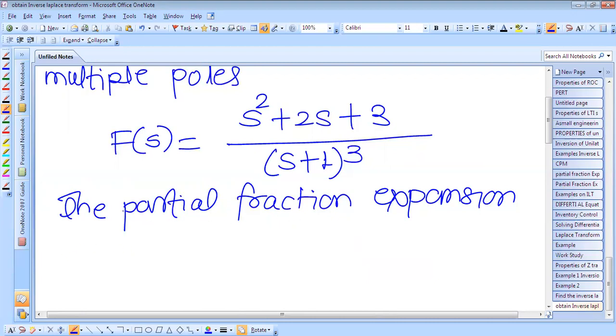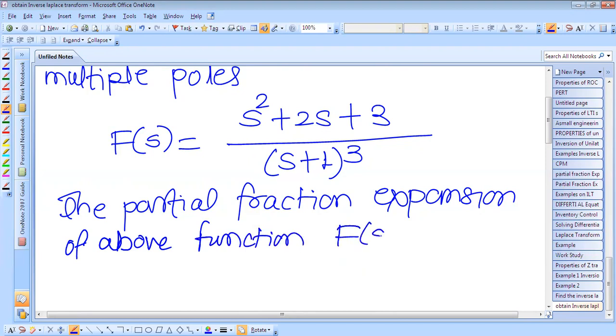The partial fraction expansion of the above function F of s involves three terms.